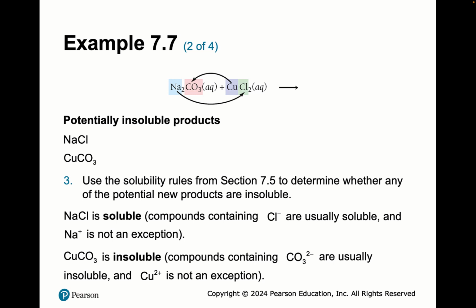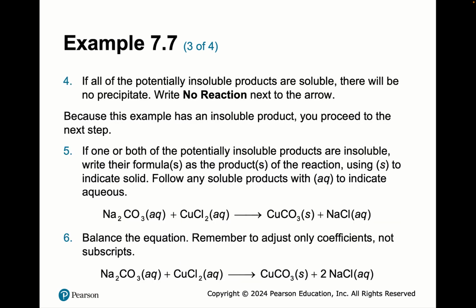So is sodium chloride soluble, or is copper carbonate soluble? Sodium chloride is soluble, so that one's not going to form a precipitate. Copper carbonate, though, is insoluble, so that will fall down. Carbonates are usually insoluble in general, and copper is not an exception to the rule.